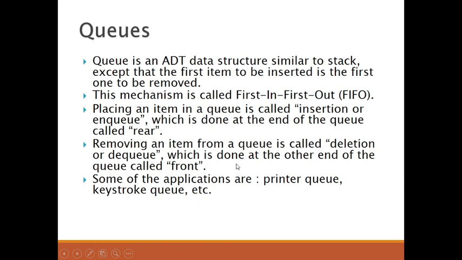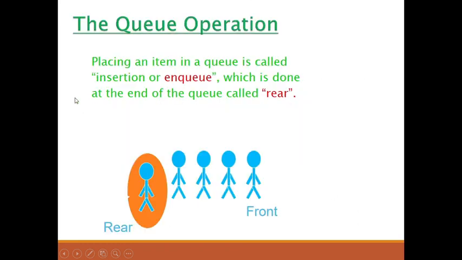Okay, let's go with the queue operation. Placing an item in the queue is called insertion or enqueue, which is done at the end of the queue called the rear. So for queue operation we have rear and front. Unlike the stack, we operate on the other end.